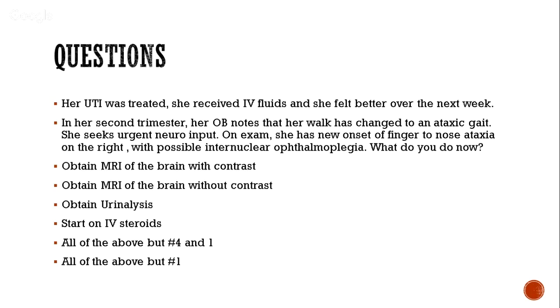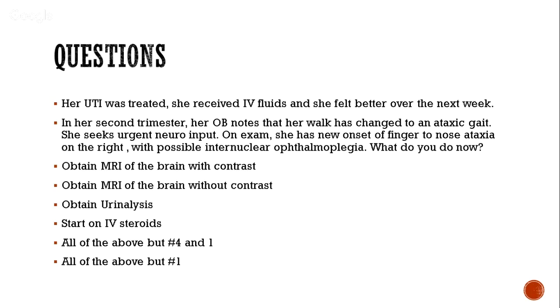So the choices are: obtain MRI with contrast, obtain MRI without contrast, obtain urine analysis, start IV steroids, all of the above, or all of the above but just 1 and 4. You get a urine analysis, but I would want to urgently look at her brain without contrast and then probably start IV steroids.